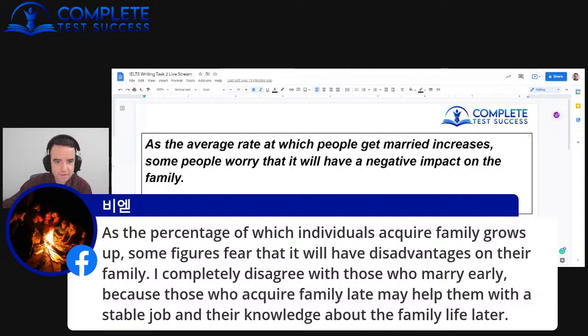"Because those who acquire family late may help them with, so they have a stable job." Yep, so we had that one. "And their knowledge about family life later." I don't fully understand the second idea, Dominic. I think the word "later" is what's confusing me here.